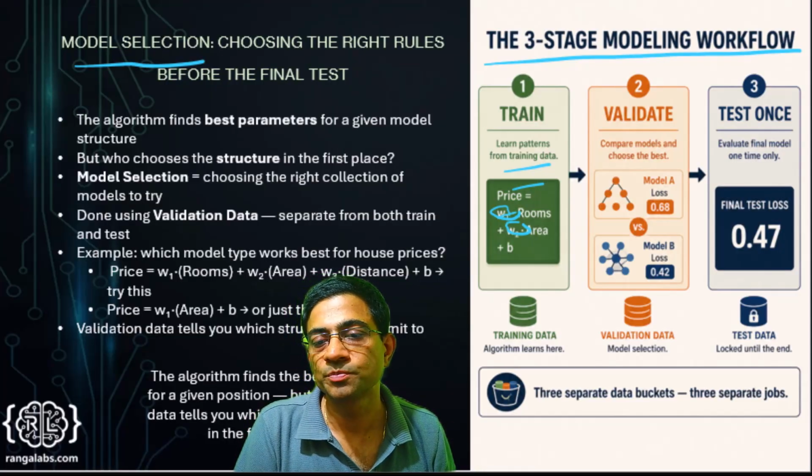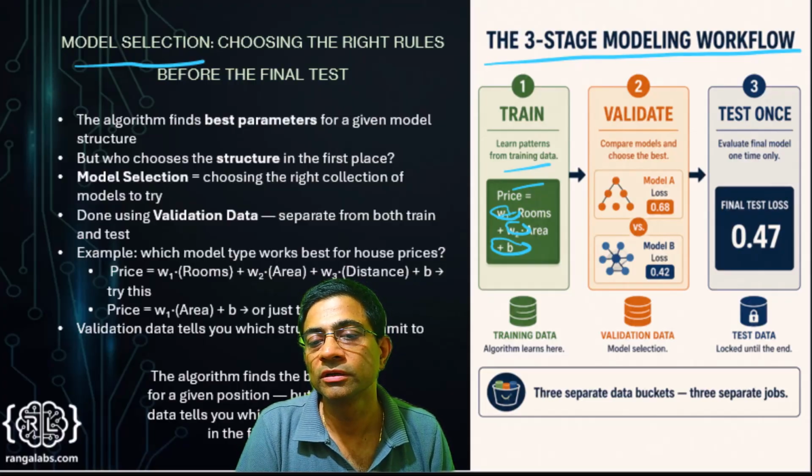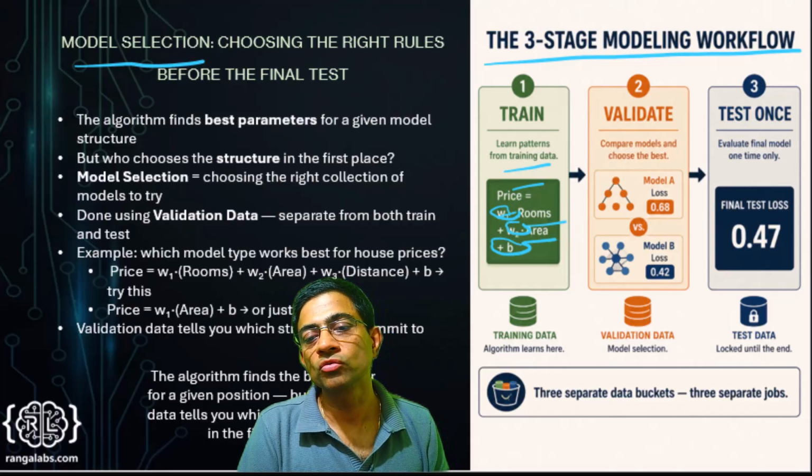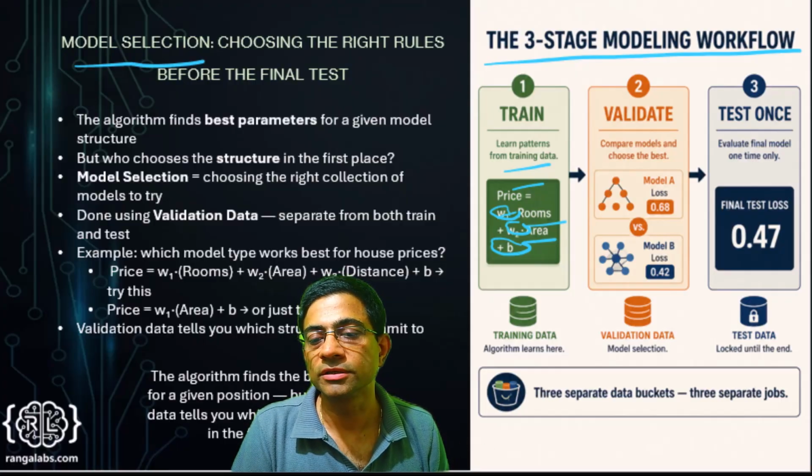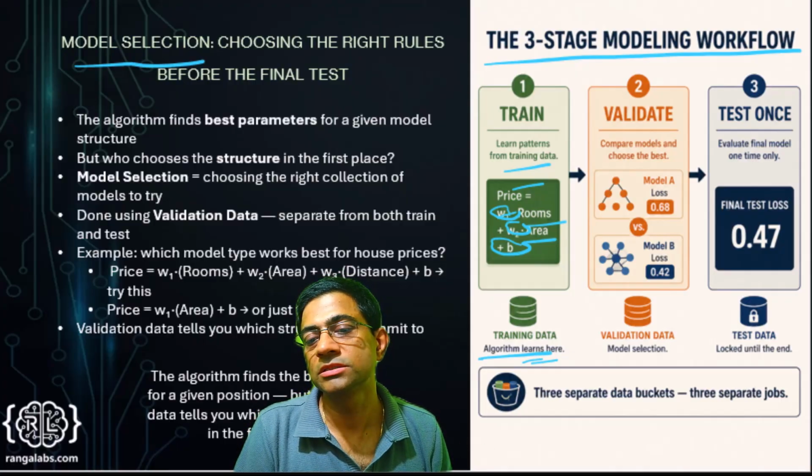You have this independent parameter B, you have the weights for different features. Rooms are features, areas are features, these all have weights. So we get the models here. The algorithm learns here.